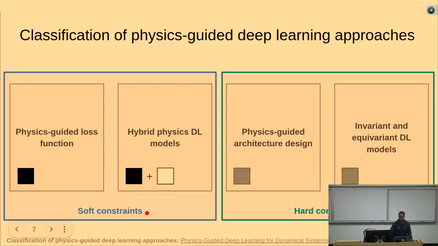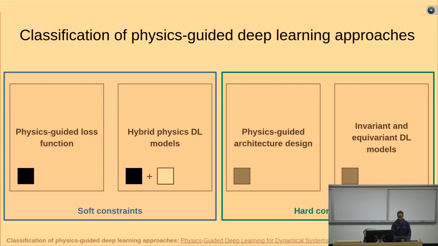In these two categories, the neural network solution is guided by a loss function, which imposes a soft constraint. And in these latter two categories, the physics-guided architecture design and invariant and equivariant deep learning models, embedded knowledge of the system physics is incorporated into the neural network architecture itself, and so that's a hard constraint on the estimated solutions.